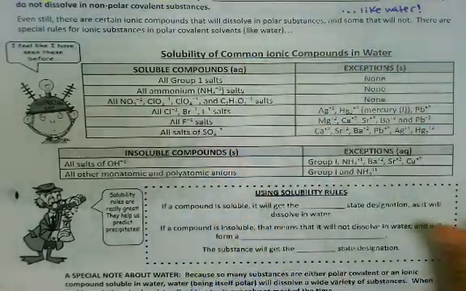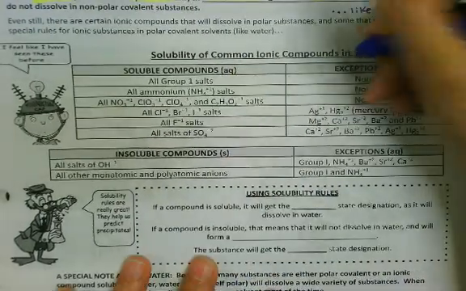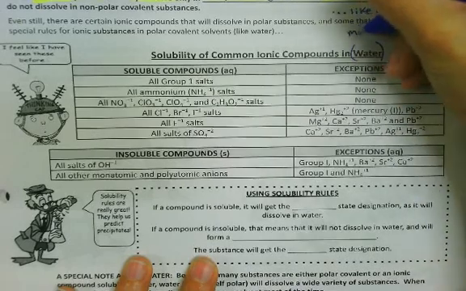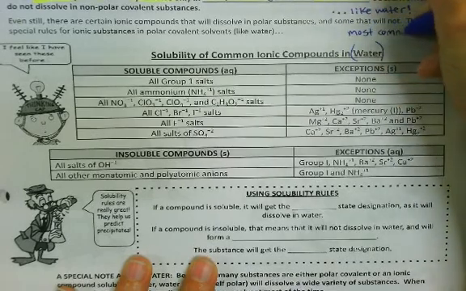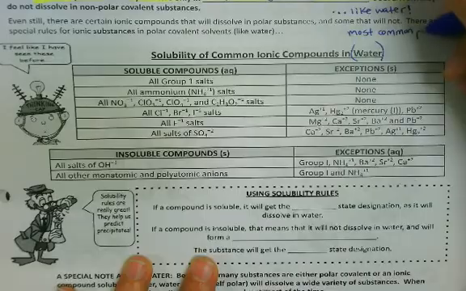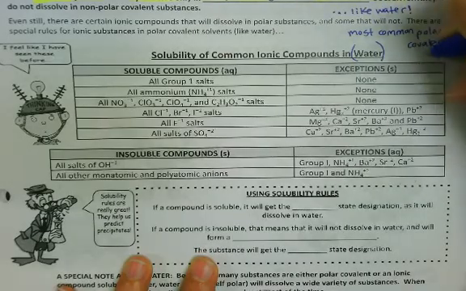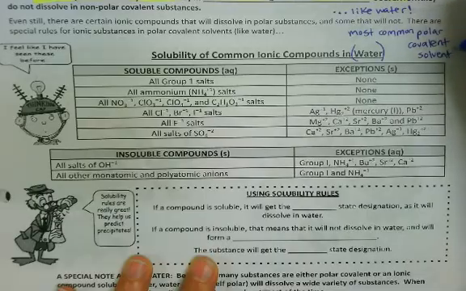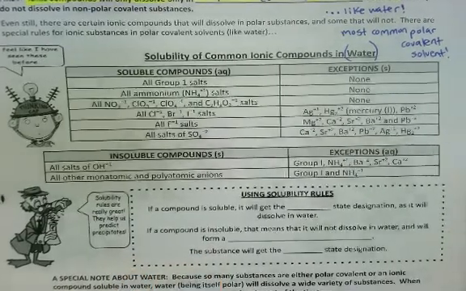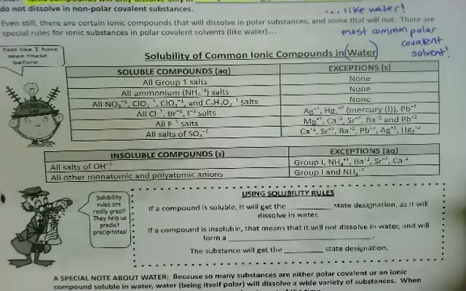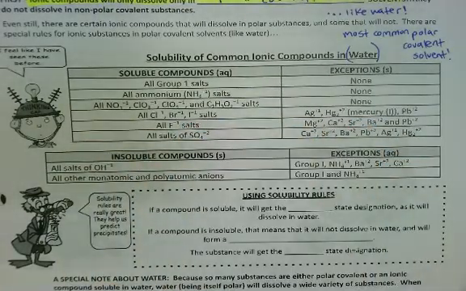So if you are dealing with an ionic compound and you have water, the most common polar covalent solvent, you can look at this chart to figure out, yes, it will dissolve, or no, it won't dissolve.